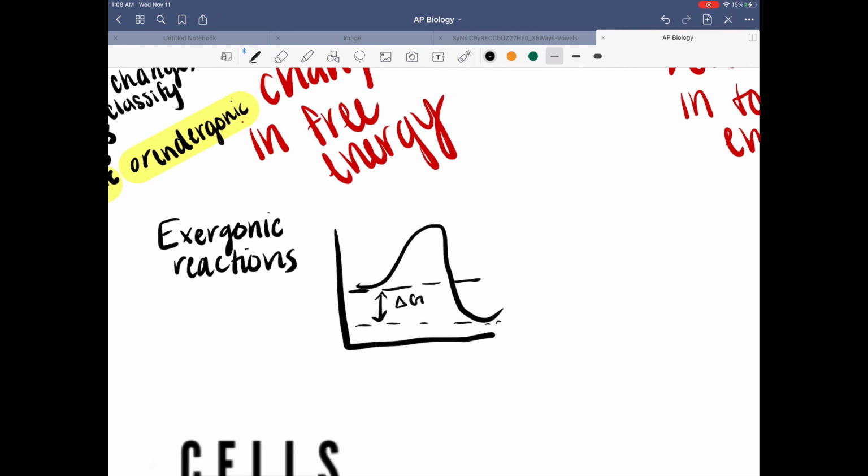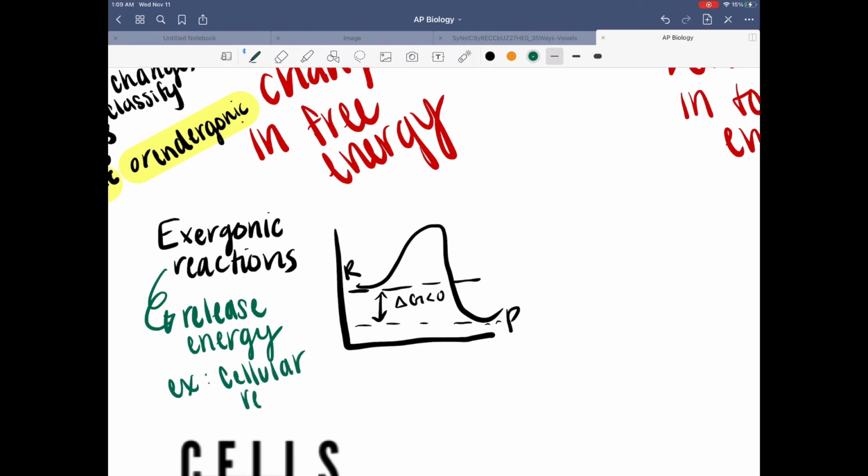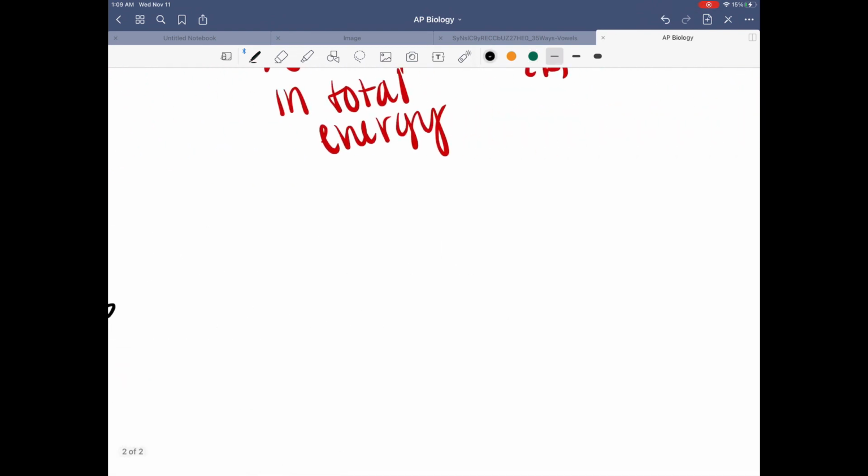So the change in free energy is going to be less than zero. We do not need any energy put in. This is the type of reaction that actually releases energy to us. An example of this is cellular respiration.